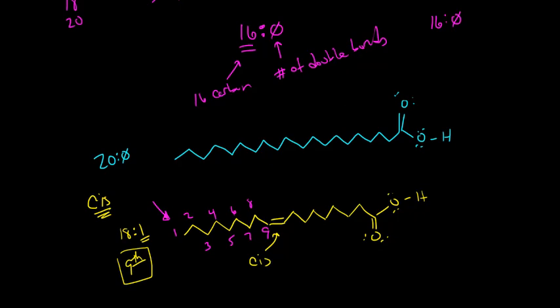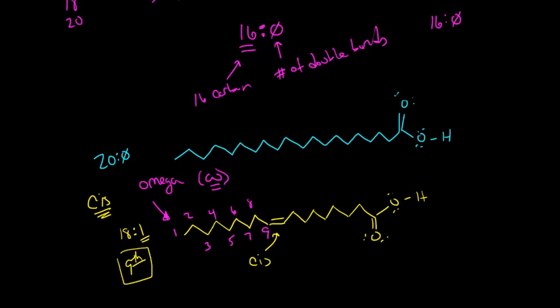This is an important point here. When you count from the end of the carbon chain that does not have the carboxylic acid, we call this the omega carbon, and we give it this Greek omega symbol. This is the omega carbon. So when the double bond starts on the 9th carbon from the omega end, we would call this an omega-9 fatty acid.